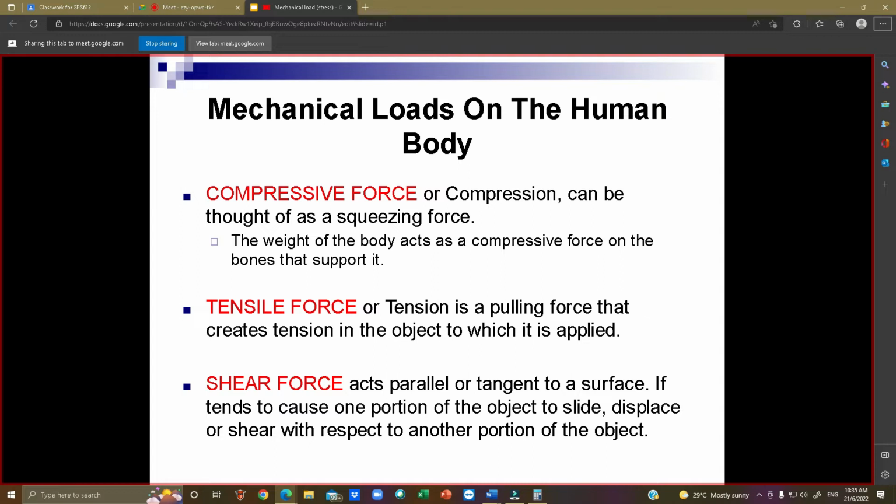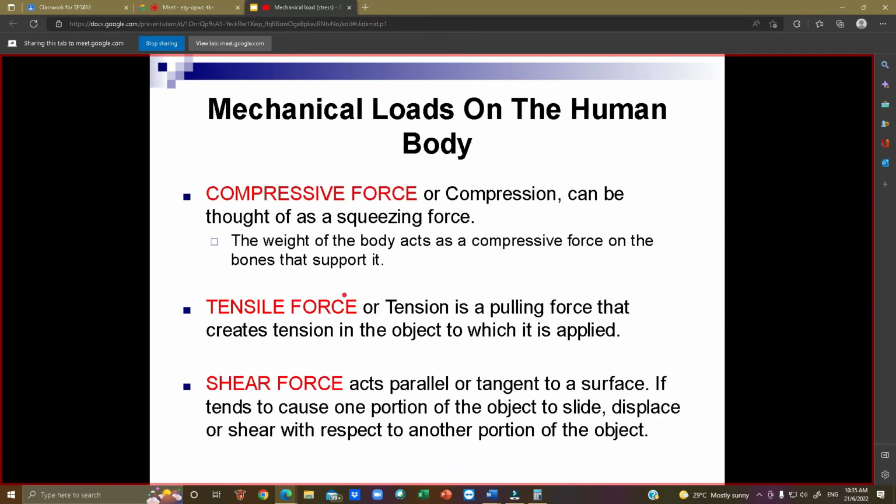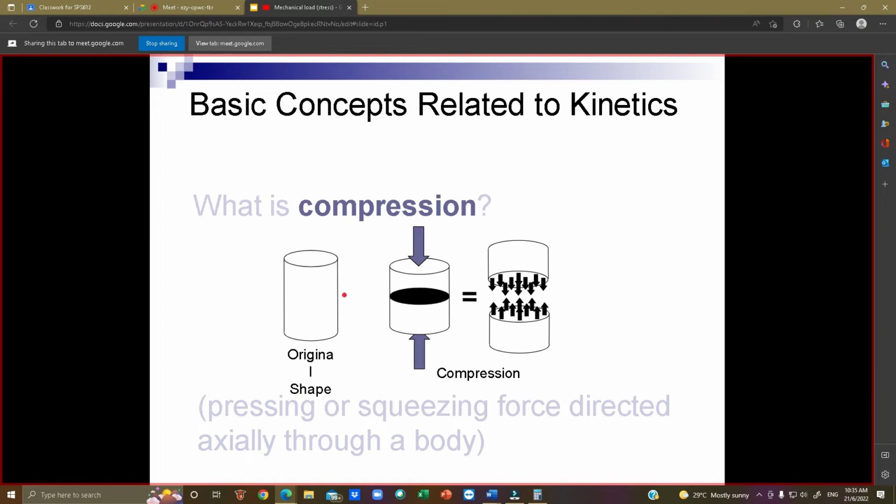The first one is compressive, the second one is tensile, the third one is shear. So compressive stress or compression is stress that is subjected to you in terms of squeezing, in terms of compression.